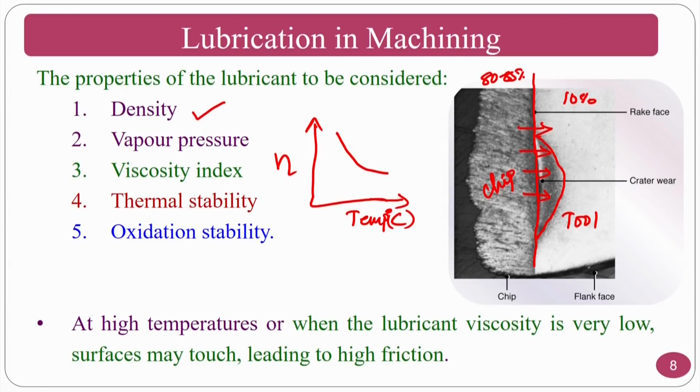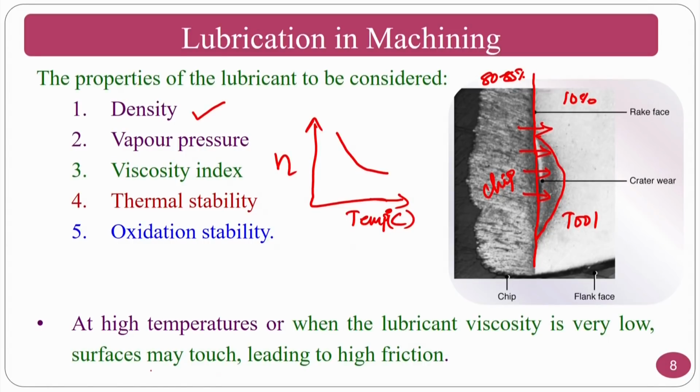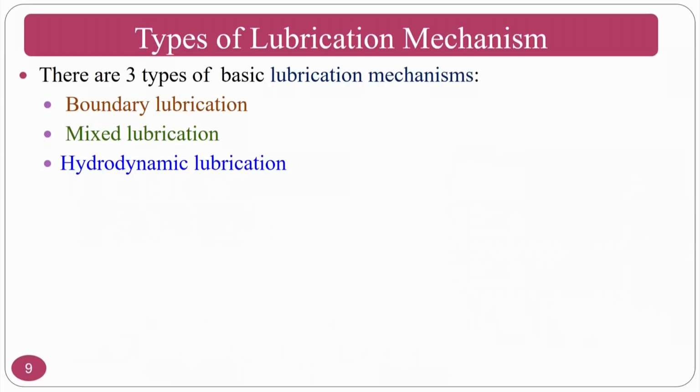You have to choose the cutting fluids based on the temperature expected from the literature. You see what is the temperature that is reported in the literature. Can this cutting fluid sustain my temperature? So that the viscosity should not go down completely and mating surfaces will come and destroy the tool. It should not happen. Okay, so one should take care about this.